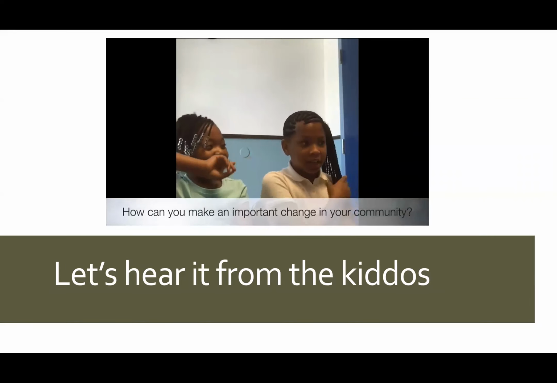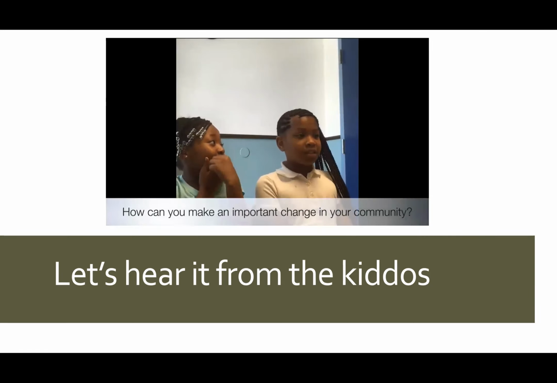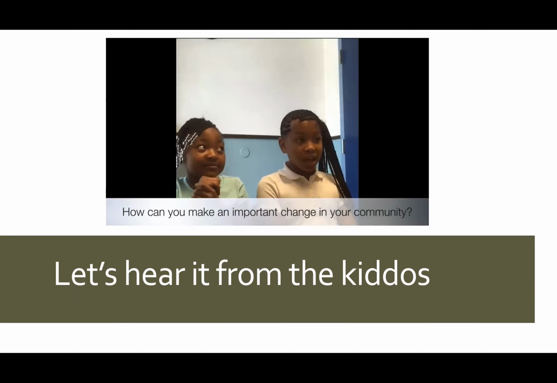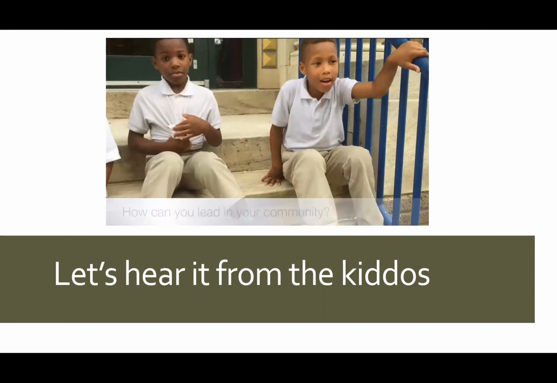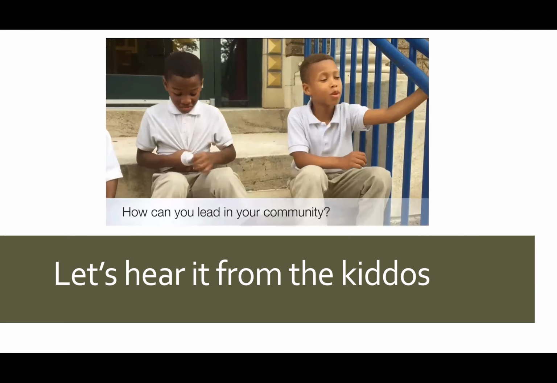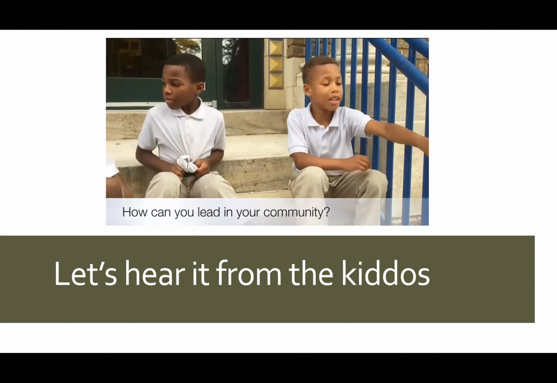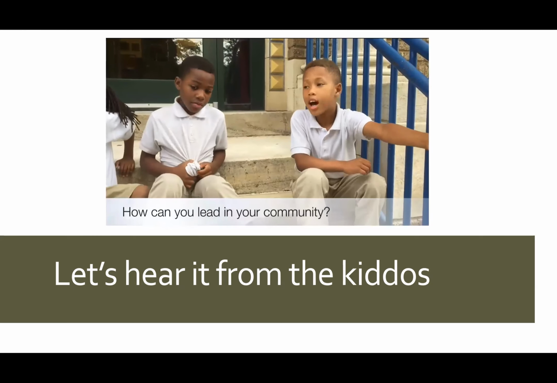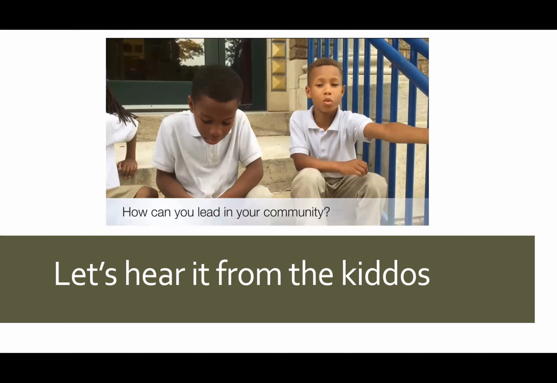And how I can help change my community is to tell them not to kill black men or women. I want to help by telling people to do the right thing, and I want them to be inspired by me because I can show them the way, and leaders show others the way.